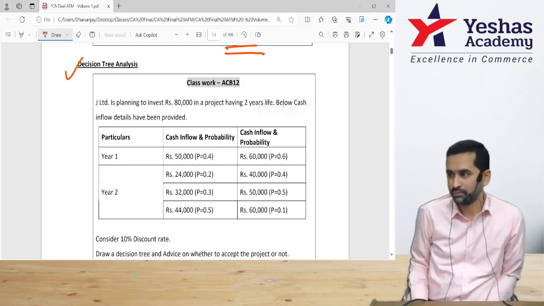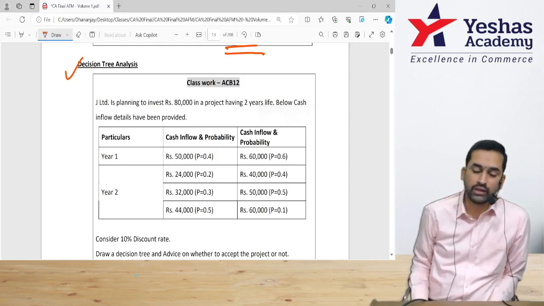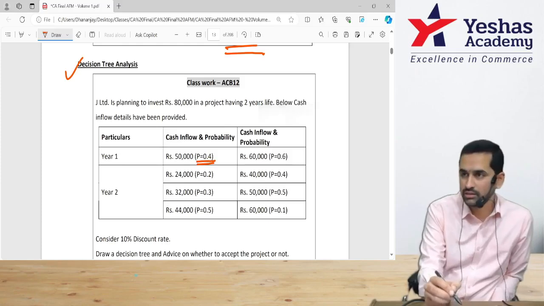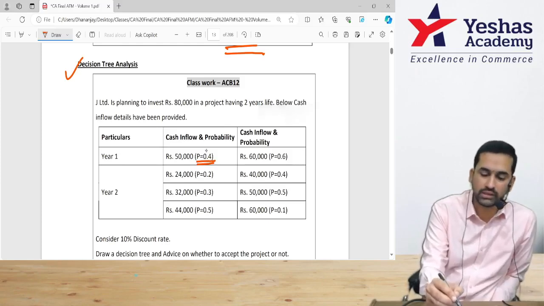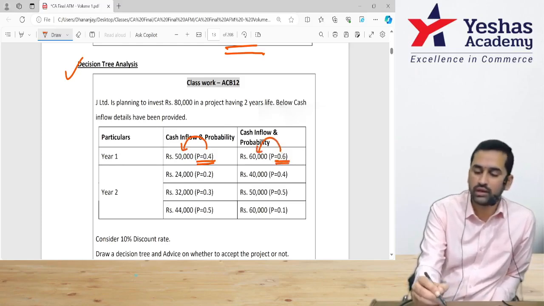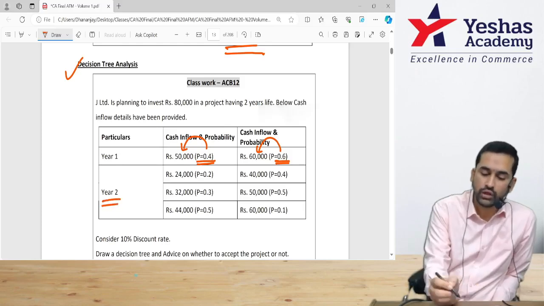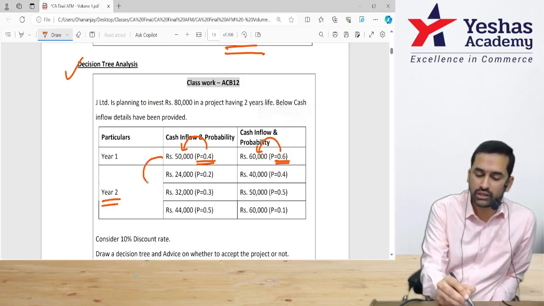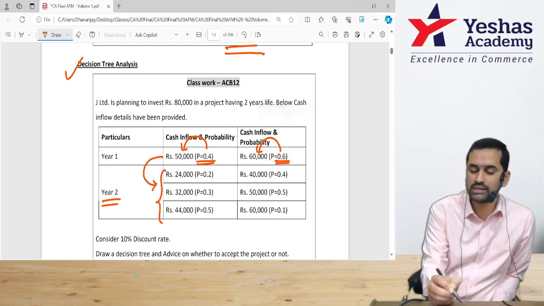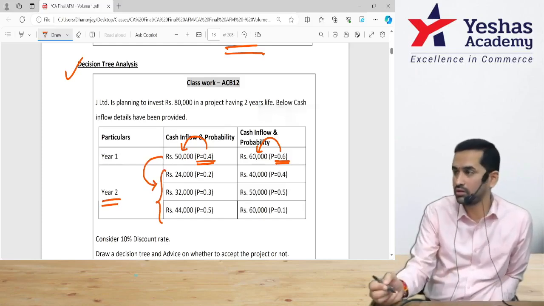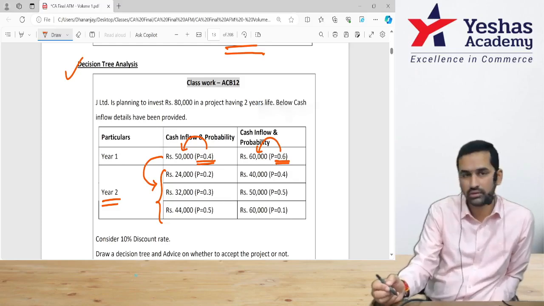Understand this table properly. Year 1, there is 40% chance, 0.4 probability, of earning 50,000, and 60% chance of earning 60,000. Year 2, you observe, if I earn 50,000 in the first year, then my second year will be either 24 or 32 or 44. Correct?